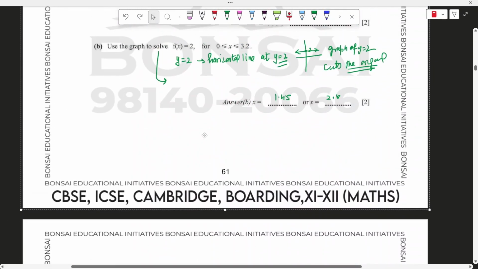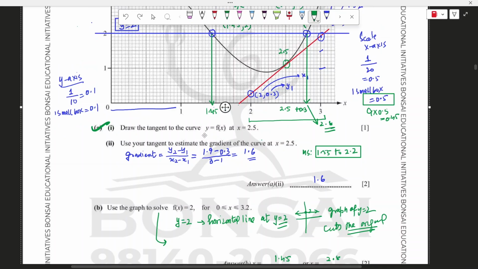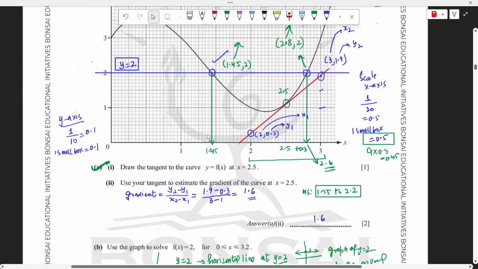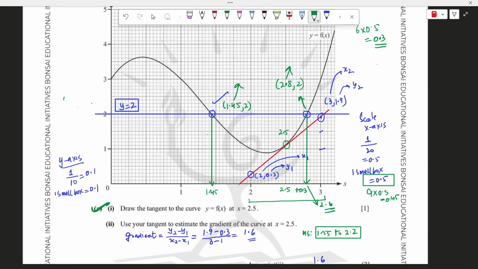0.7 and 4.4. X is 0.7. See, there is a problem here. When we are putting x 0.7, 0.7 means how many boxes here? Like it is 20 boxes and one small box is giving equal to 0.5. So if you are looking for 0.7, divide by 0.5. You need to divide that.